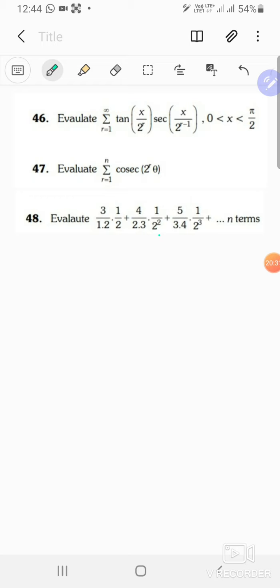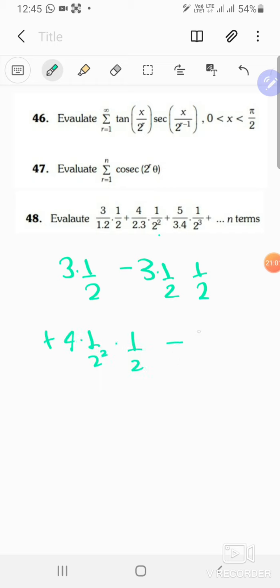We do want this to be telescoped, but how? So 1 minus 2. Okay, let's just see what happens. So this thing can be written as 3 into half minus 3 into half into 1 by 2 plus 4 into 1 by 2 squared into 1 by 2 minus 4 into 1 by 2 squared into 1 by 3.